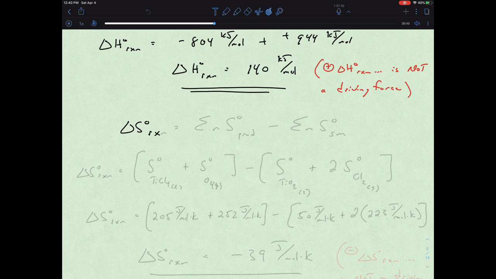And it's very similar to what we see above for our enthalpies. We see the same thing for our entropies, that we're just looking at a sum of the entropy of our products minus the sum of the entropy of our starting materials.